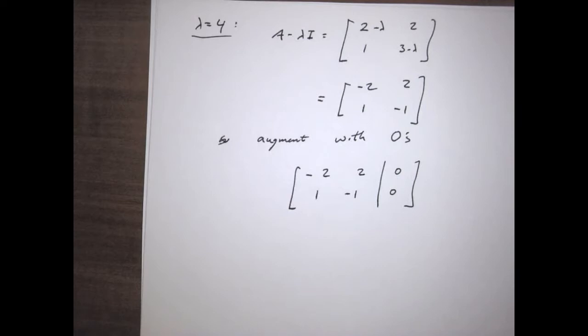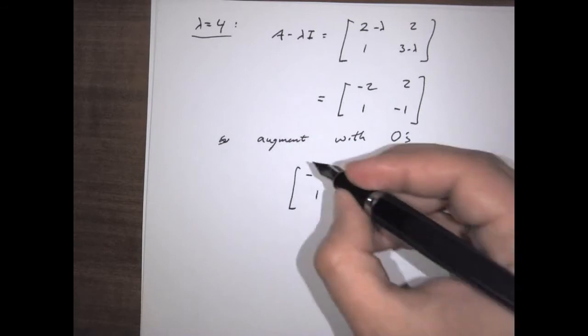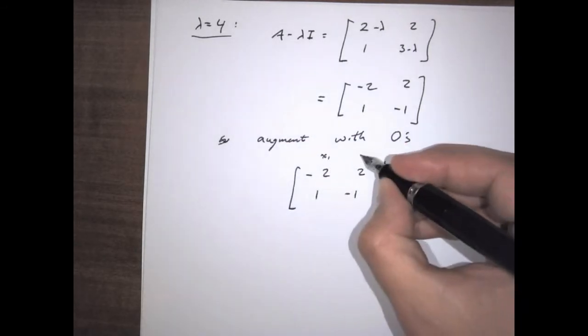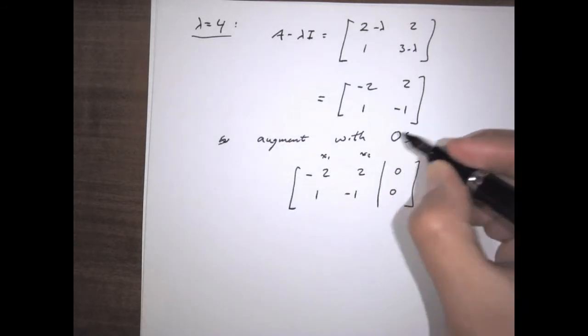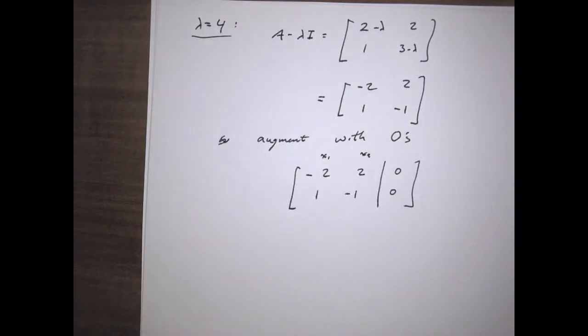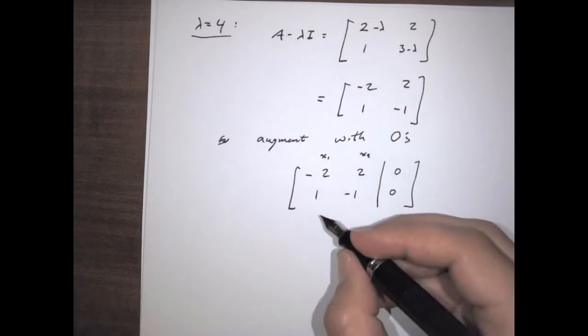So that now what we've got here is a system of equations that are equal to 0, so it's a homogeneous system of equations, and we just need to, that's x1, that's x2, we just need to figure out here what would be a solution to this.